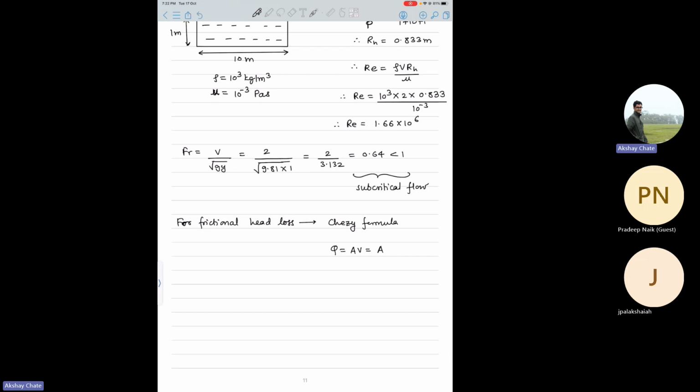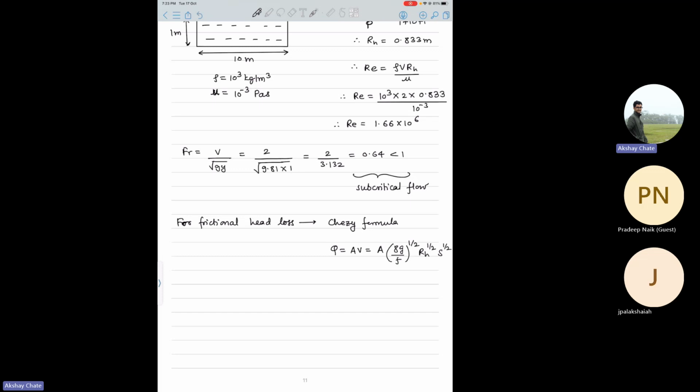And for velocity, actually they give the formula, but I'm writing in terms of flow velocity or flow rate. So basically, it is given as 8g by Darcy's friction factor raised to power half into hydraulic radius power half and slope of the channel power half.